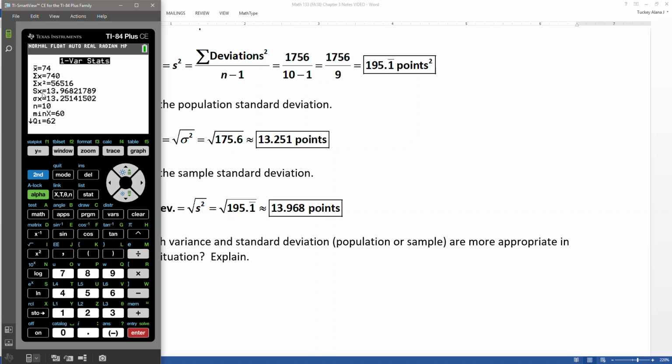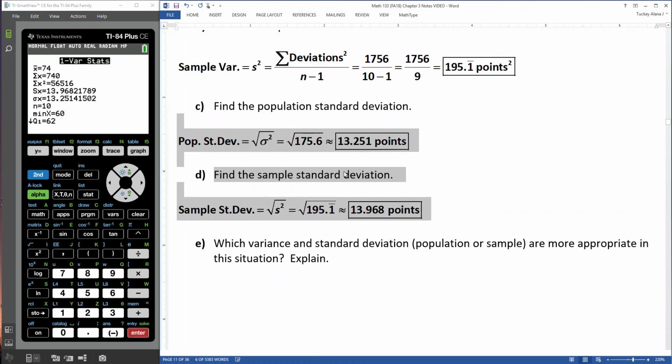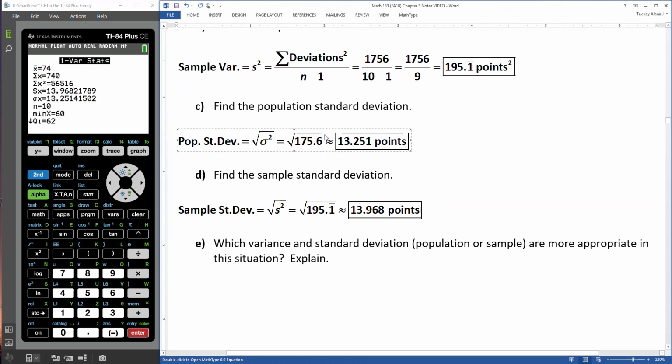X, by the way, just means data, so don't worry about X. So the sample standard deviation of data is 13.968. Look familiar? Because it's the same number we have. And sigma is 13.251. It says it right there, sigma x. So both of these values can actually be found with the calculator.